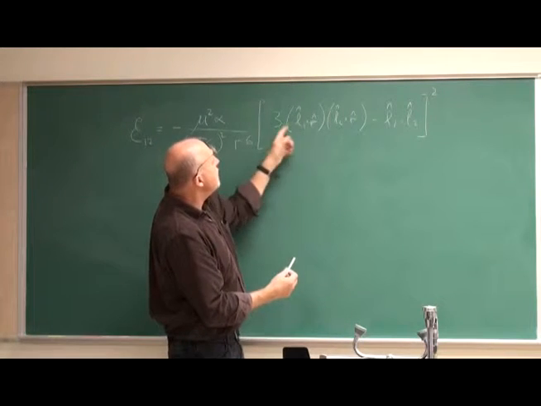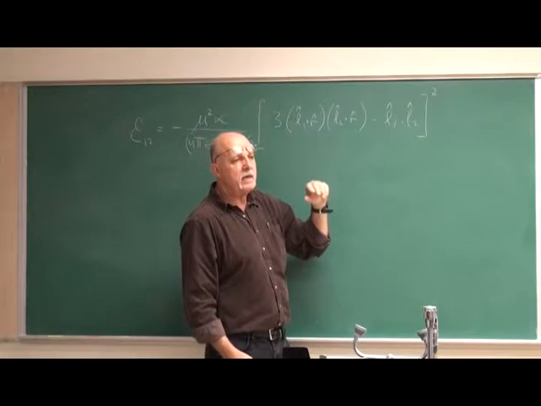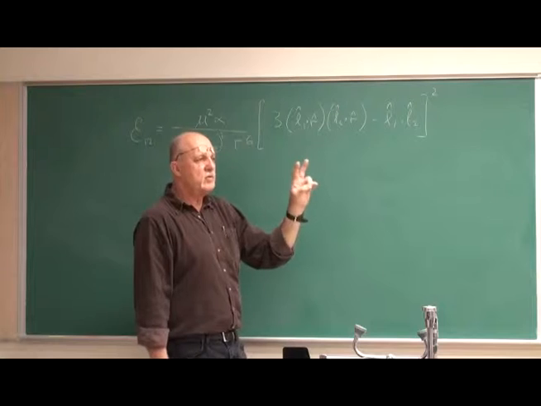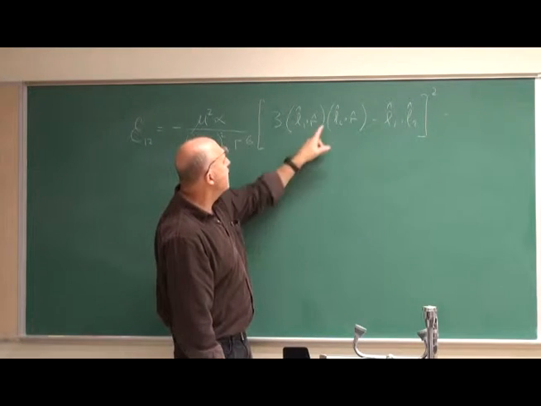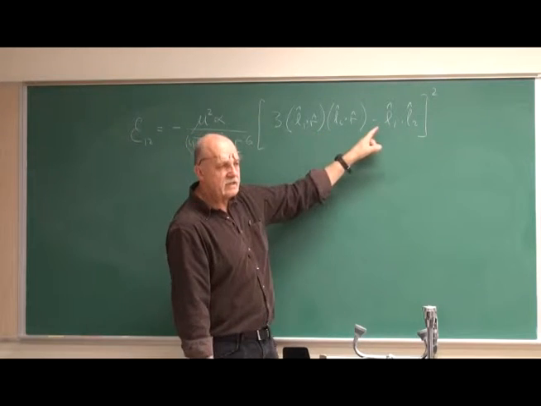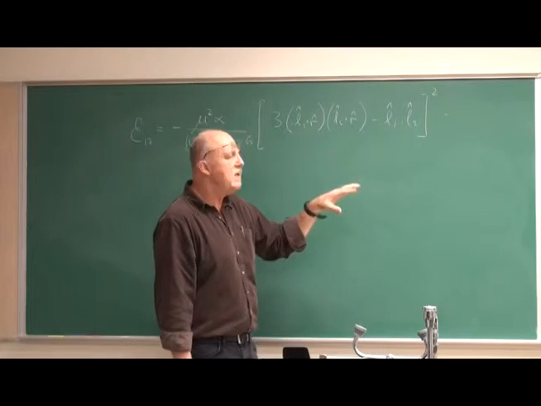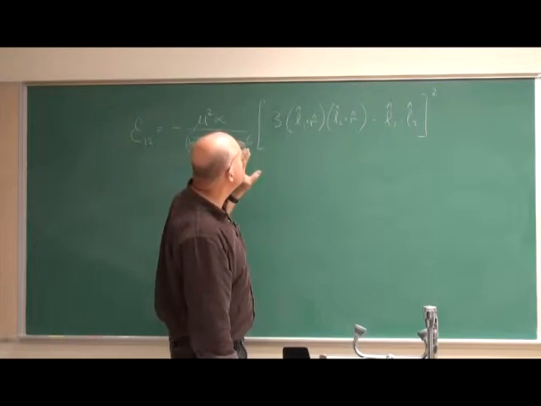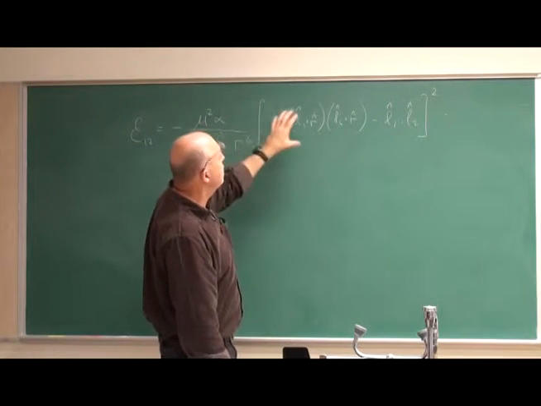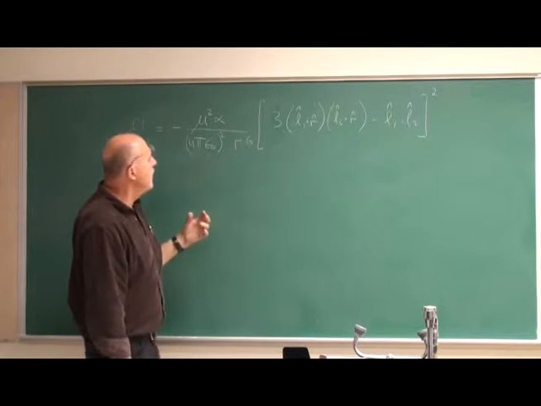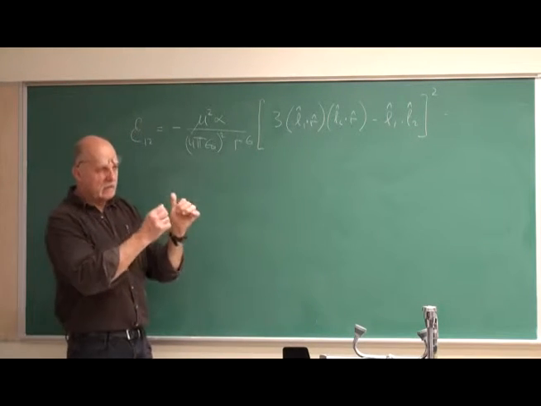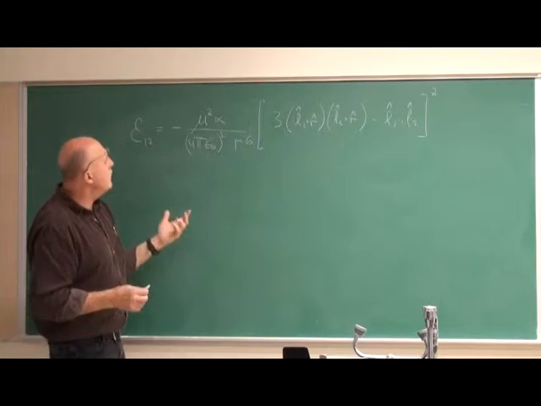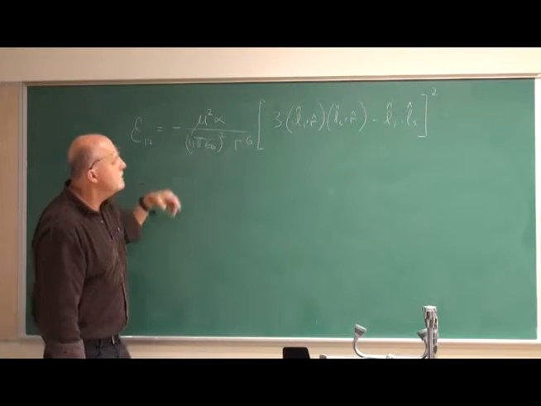Then I get 3 here minus 1 here, which is sort of 2. Whereas if they are perpendicular, then these guys are going to cancel. I get a smaller number here. We'll see the orientation dependence more clearly later, but if you meditate on this, you'll see that the energy is minimized when the rods are parallel. But first I want to think a little about how big is mu.